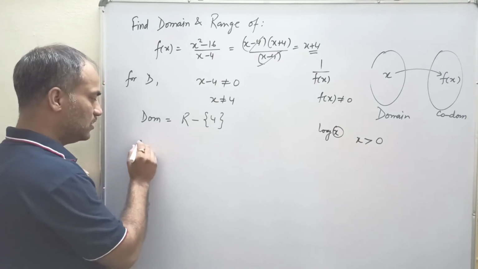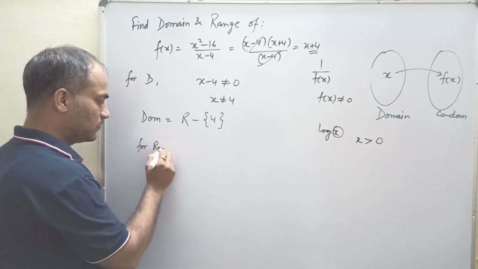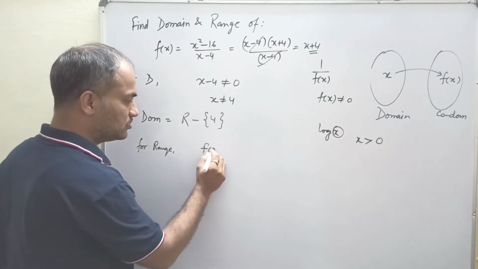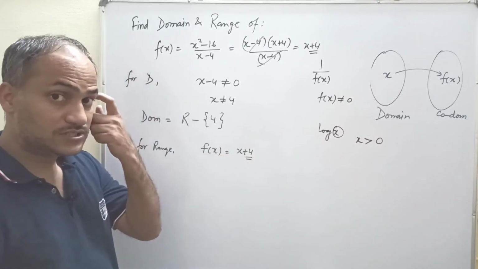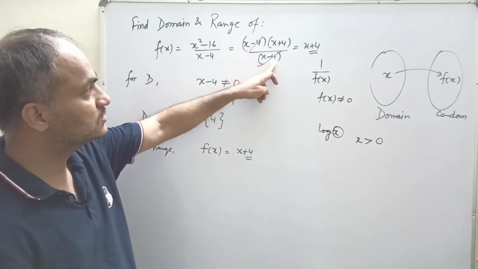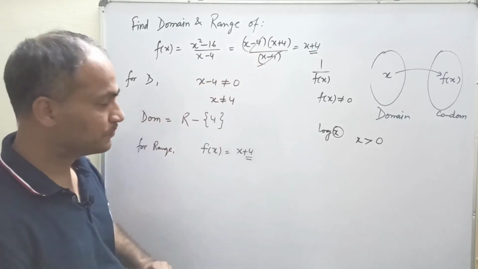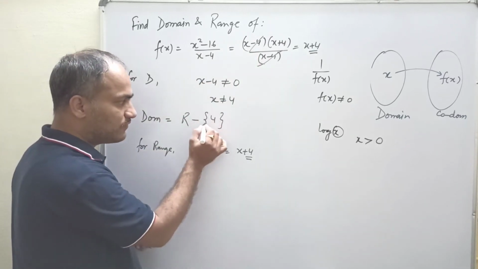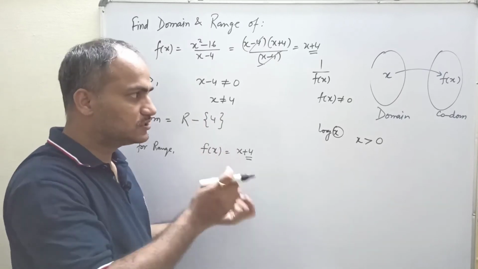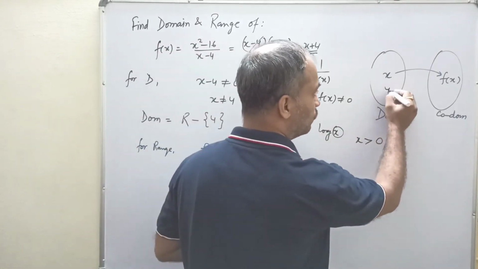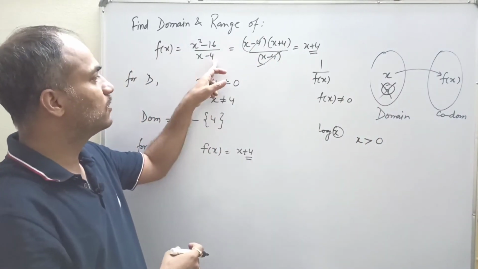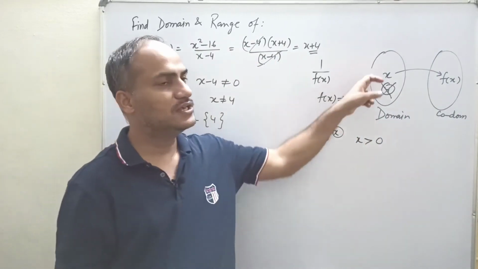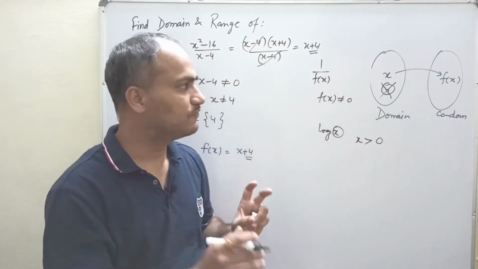The function is just x plus 4 actually, since x minus 4 is cancelled. Now the value 4 is not there in the domain. Besides this, each and every real number exists here.